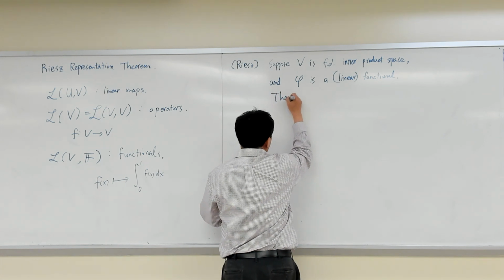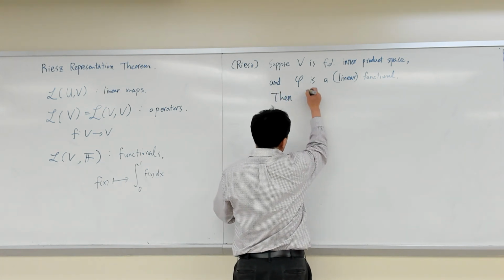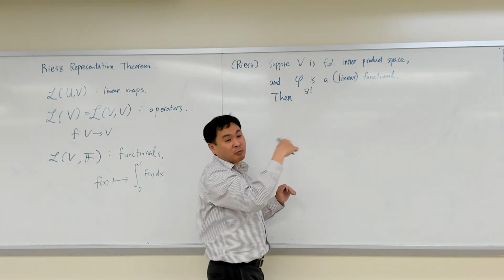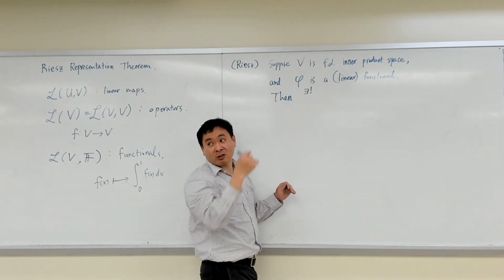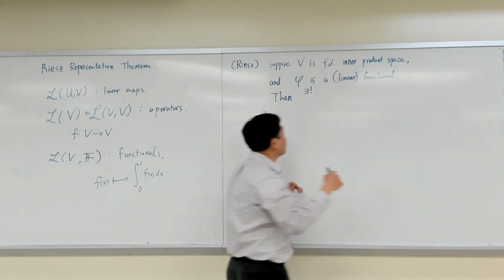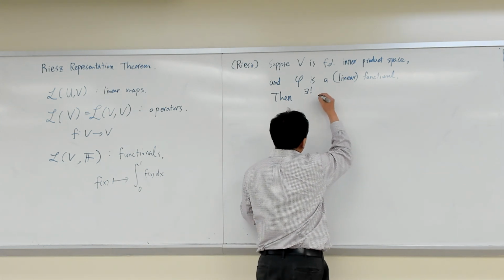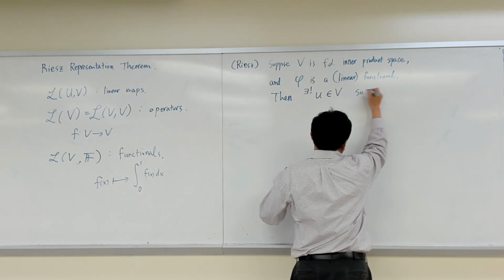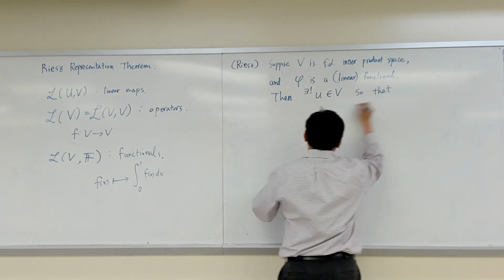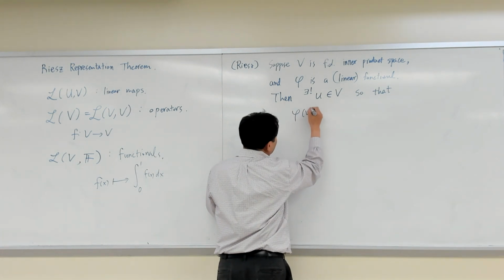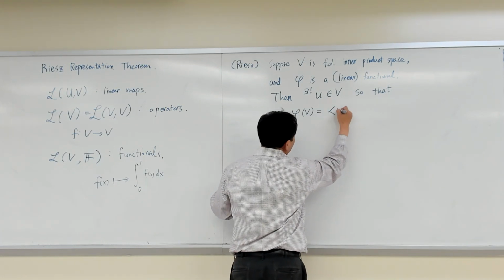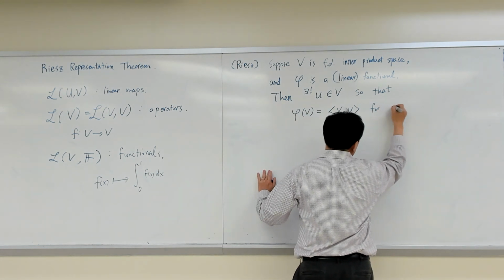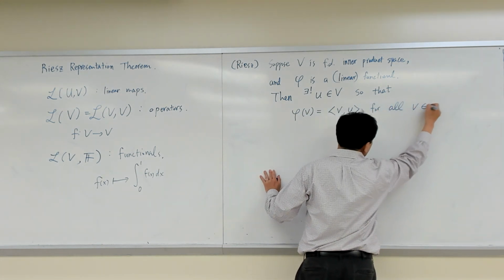Then there exists a unique, so if you put E backwards and put an exclamation mark, that means there's a unique U in the vector space, so that phi of V is equal to the inner product of V and U for all V in V.